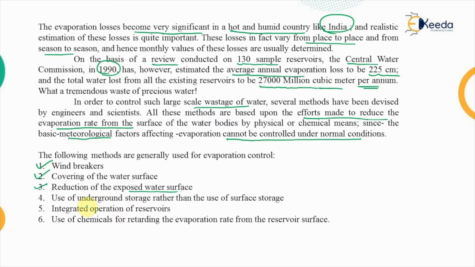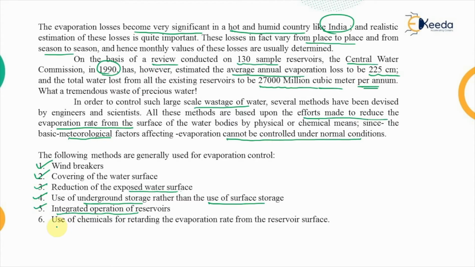Then the use of underground storage rather than surface storage can be another way. Then integrated operation of the reservoirs, that means if we operate the reservoirs in such a way that they are frequently used and frequently filled up, that would result in lesser evaporation losses.